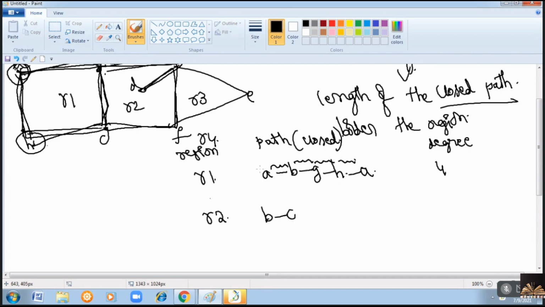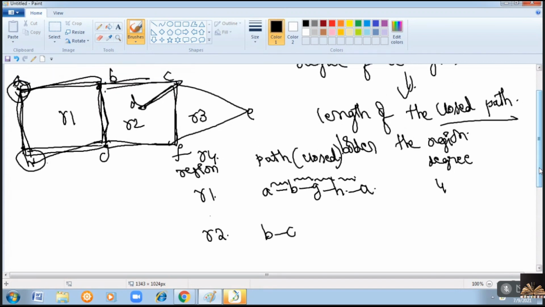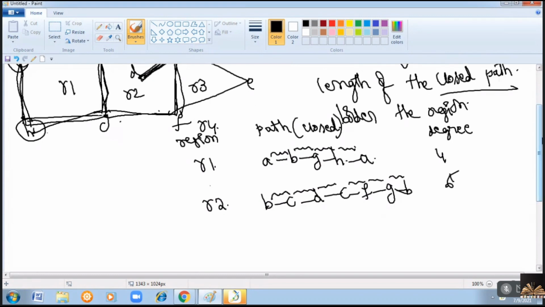B to C, C to D, D to C, C to F, F to G, and G to B. Now this is the closed path for R2. What is the length? 1, 2, 3, 4, 5, 6. 6 is the degree of the region R2.